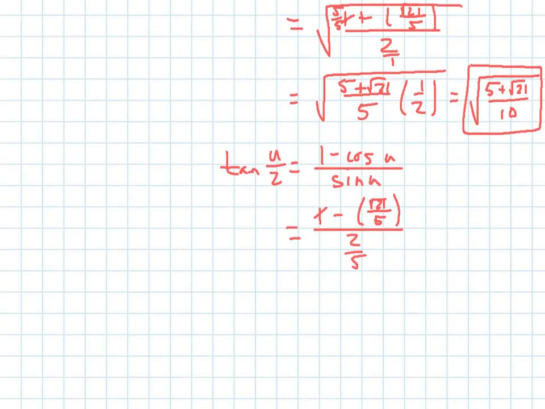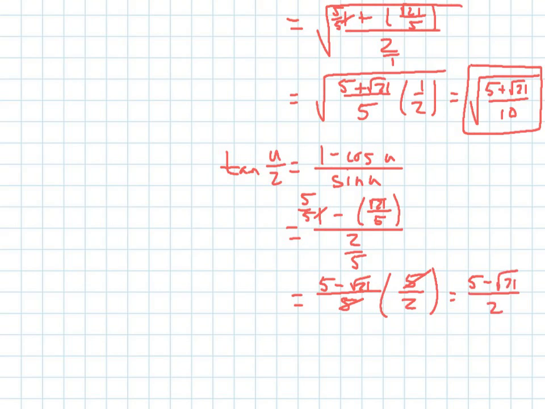Okay, so we'll make our common denominators here. So I get 5 minus square root of 21 over 5. I can multiply by the reciprocal, so the 5's actually cancel out. So you're left with 5 minus square root of 21 over 2. Okay? And that would be my answer.